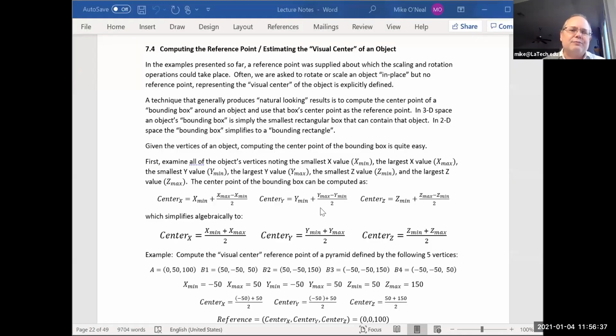So we're going to create a bounding box around our object, and the center of that bounding box will be the reference point. So how do you build one of these bounding boxes? It's very, very simple. First of all, you look at all of the vertices that make up your object.